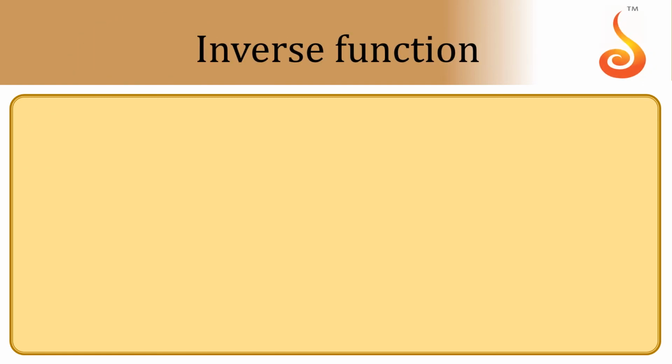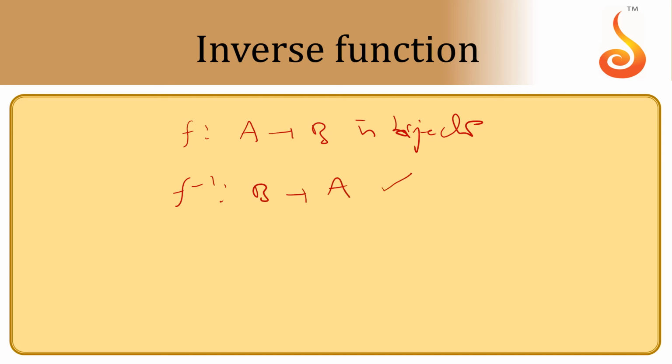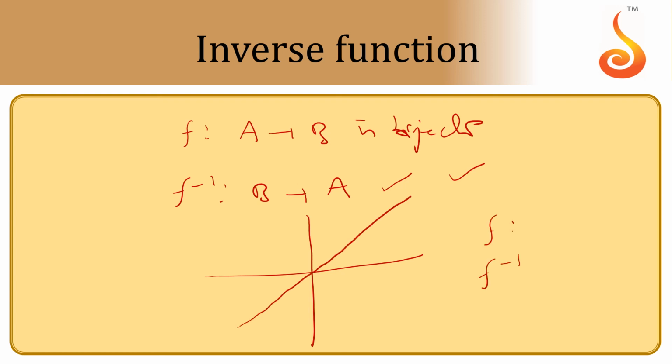Inverse function: if f from A to B is a bijection, f inverse from B to A is a function, it is the inverse and it is also a bijection. And if you see the graph of f and f inverse, they will be mirror images with respect to the line y equals x.